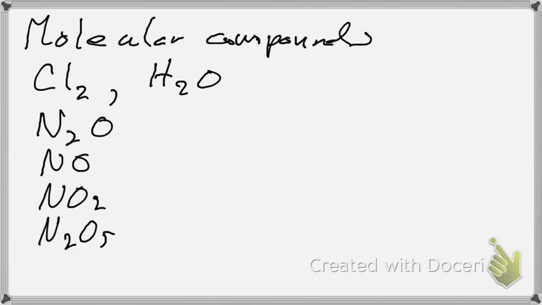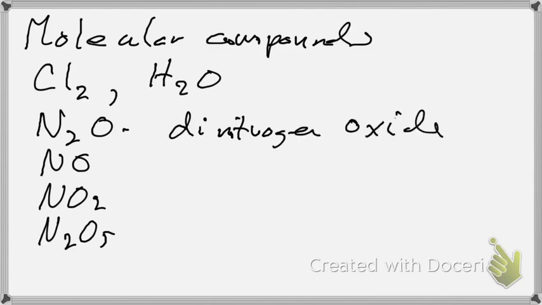Now, these things are given all sorts of various names. This one right here could be called dinitrogen oxide, but it's also called nitrous oxide. And this is actually laughing gas. This is the thing you sometimes get at the dentist office.